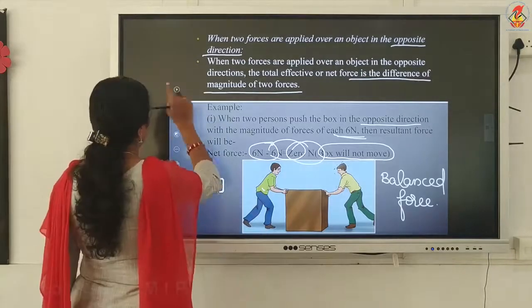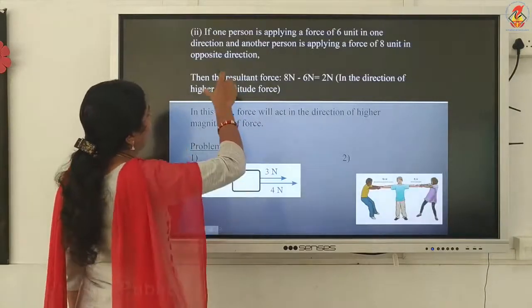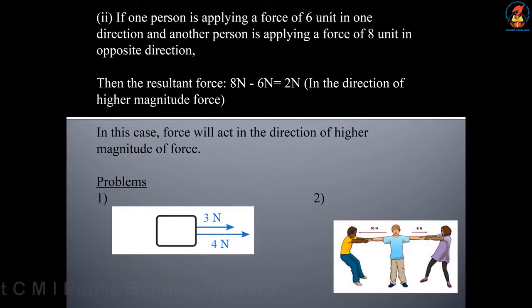Now, if two persons are applying a force of 6 Newton in one direction and another person is applying a force of 8 Newton in the opposite direction, how will you find the resultant force? We will find the difference to get the net force.